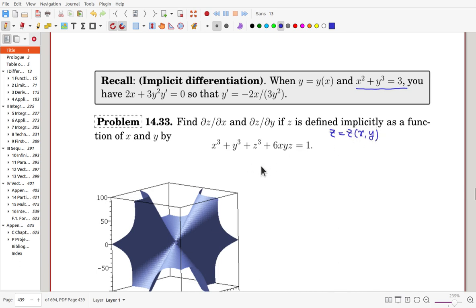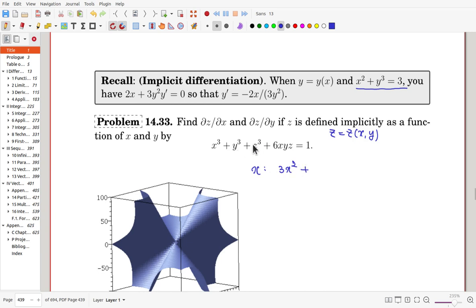Okay, now let's try to find z sub x and z sub y. Okay, and we make the x derivative. Then from here, there is 3x squared. Y is another independent variable, so it is considered as a constant. So its x derivative must be 0.